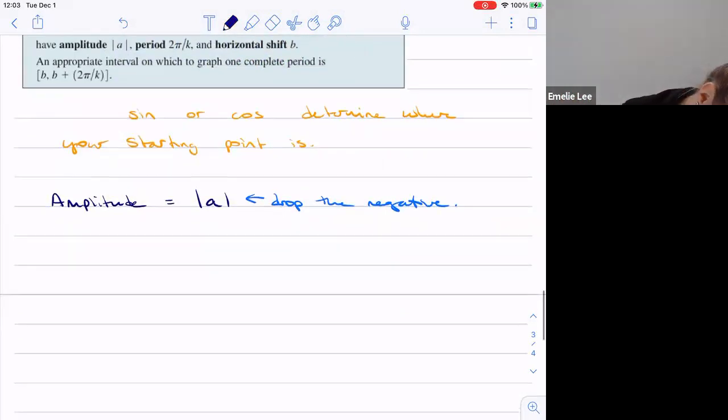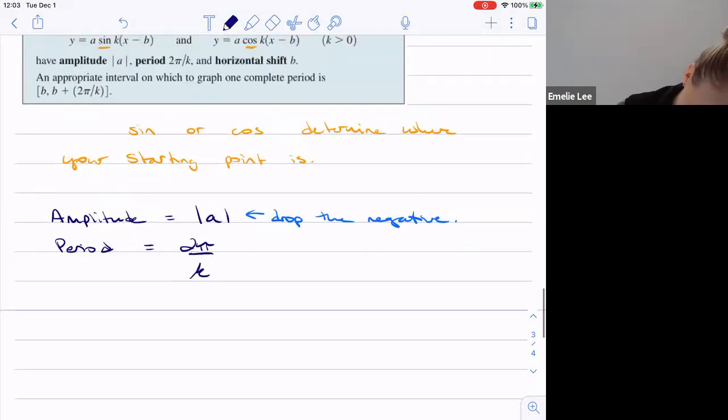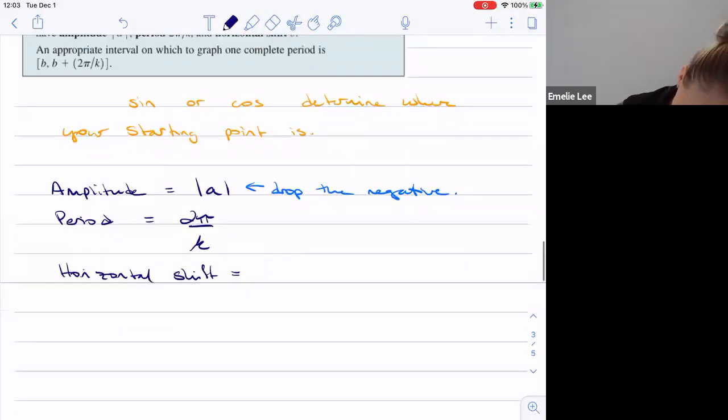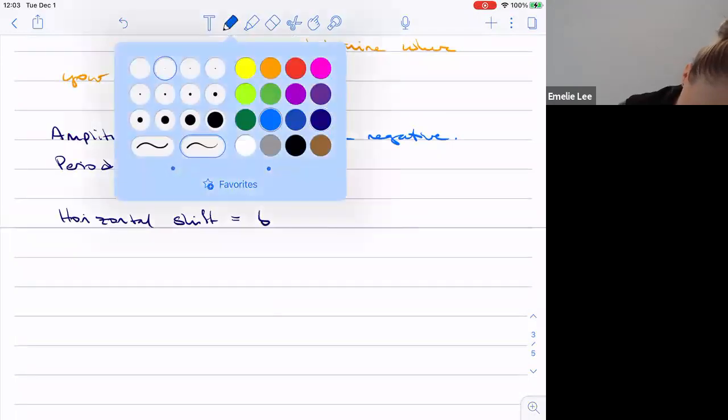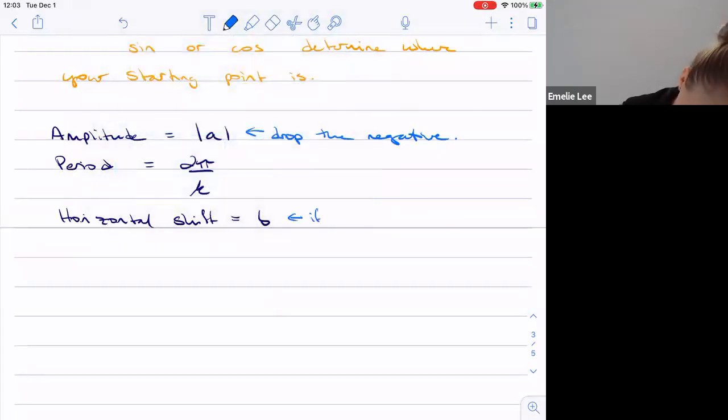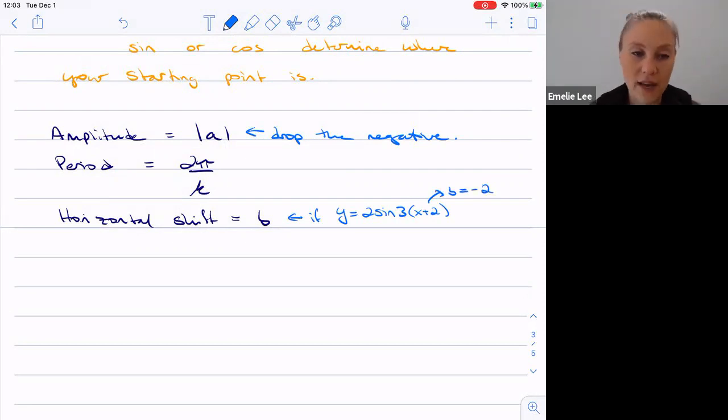The period is 2 pi over k, and the horizontal shift is b, right? If y is 2 sine 3 times x plus 2, right, b is negative 2. So it would be a shift to the left.